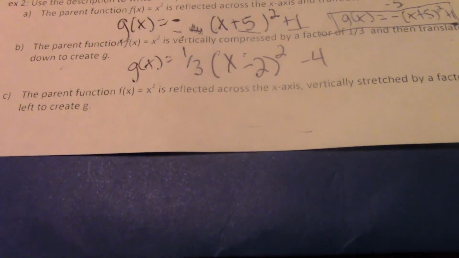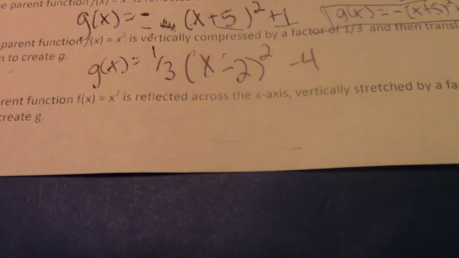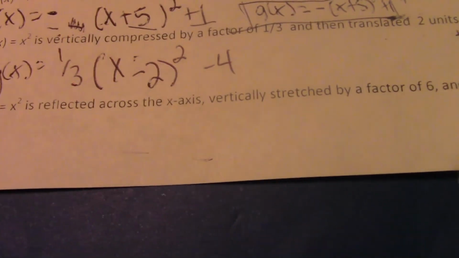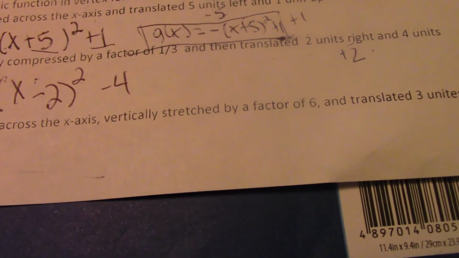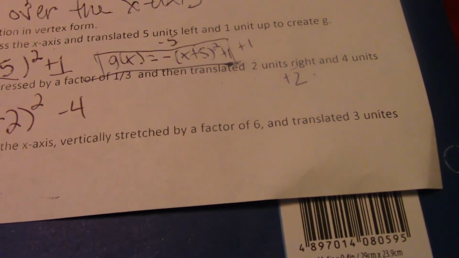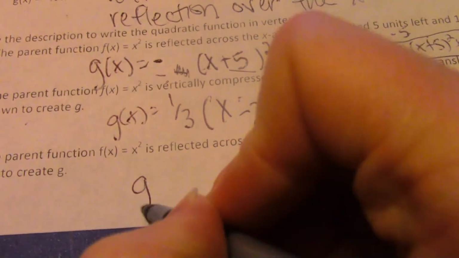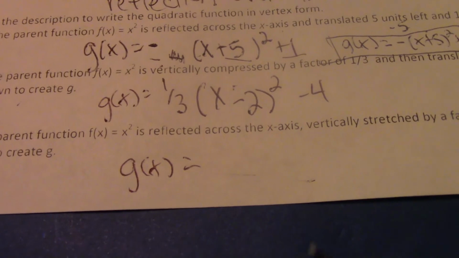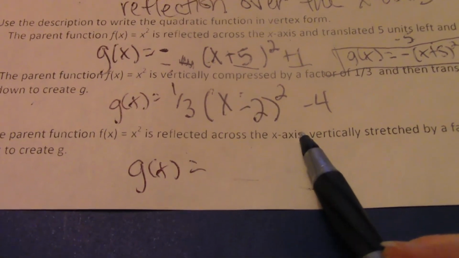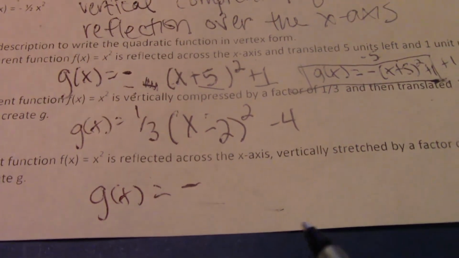The parent function f of x equals x squared is reflected across the x-axis, vertically stretched by a factor of 6, translated 3 units left to create g. So we've got g of x equals, reflected across the x-axis means to make the a negative.